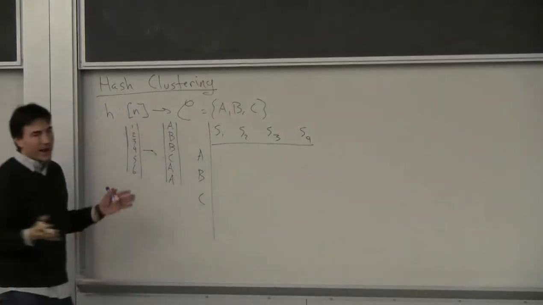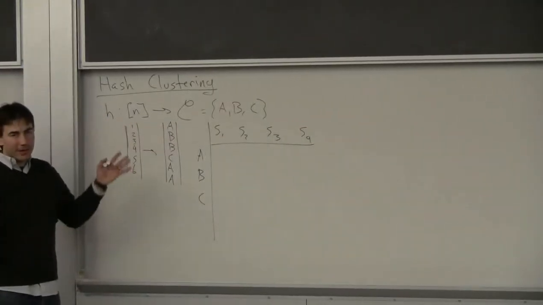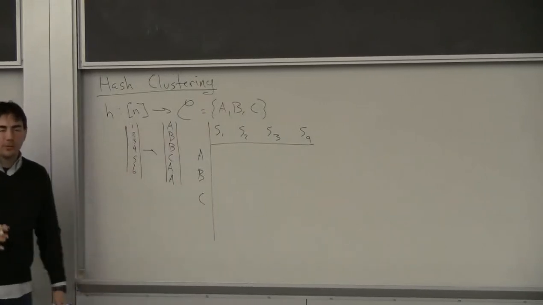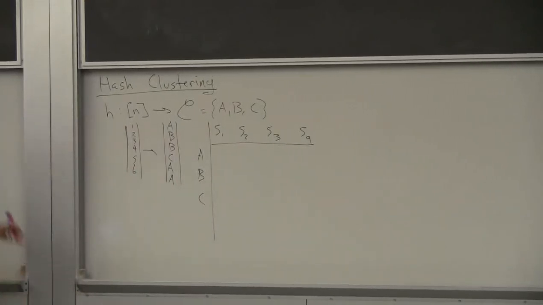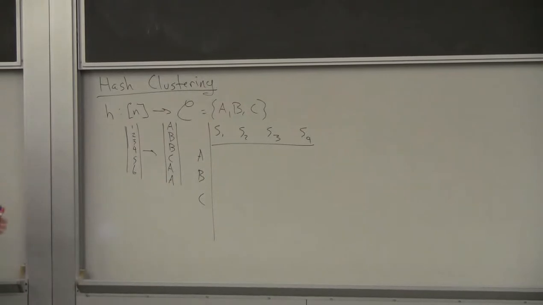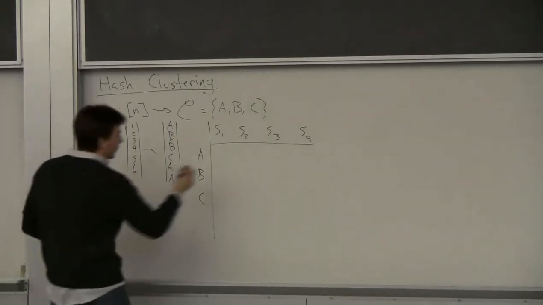Say I only ever had 3 clusters, which is probably way too small, but if I only ever had 3, then no matter how many rows I had, I only have 3 rows to check here. And so now the answer looks like this.